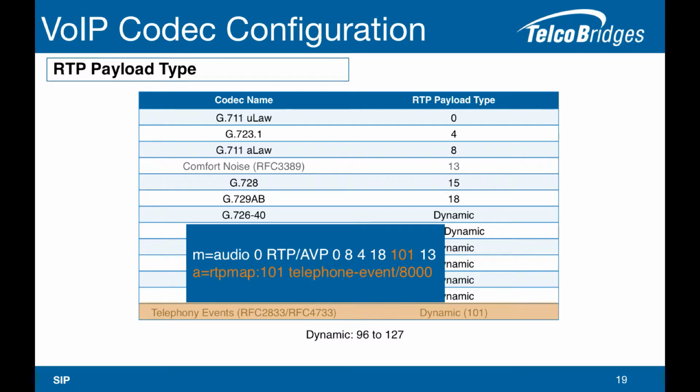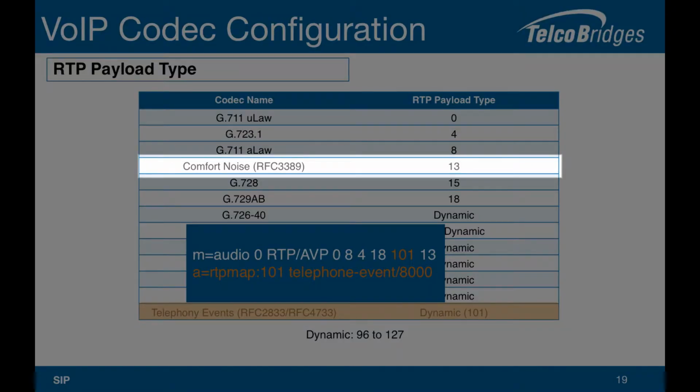For example, RFC 4733, also known as RFC 2833, defines a method to carry telephony events such as DTMF tones out of band in RTP packets. This codec does not have a predefined payload type and must be specified with an attribute line in the SDP, often defined as payload type number 101.